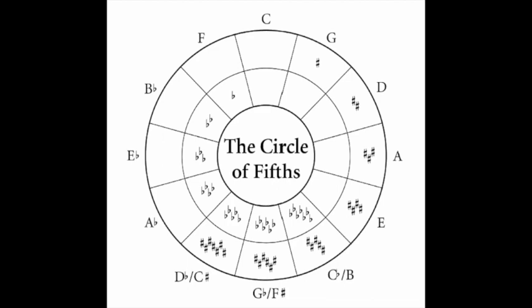C, B, A, G, F. It gets 1 flat. Again, F, E, D, C, B flat. Gets us 2 flats. The pairs of keys share the same spots in the circle for D flat and C sharp, G flat and F sharp, and C flat and B natural. These 3 pairs of keys are enharmonic. That is, they have the same pitch, but the notes are named differently.